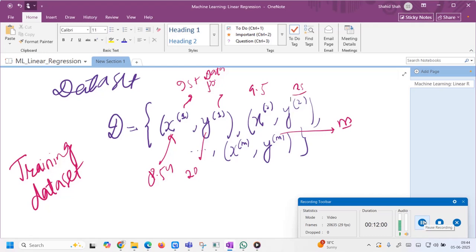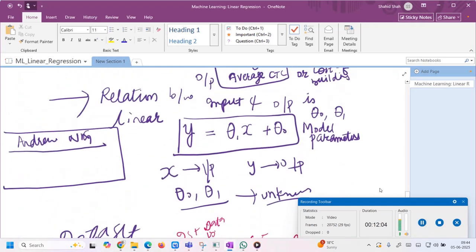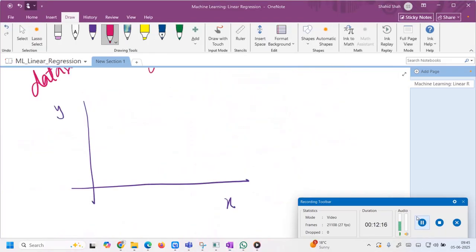Now, how to estimate the value of theta? We are assuming a relationship where input and output are linearly related with each other in this way. These theta 0, theta 1 are the unknown model parameters which we need to estimate given the data set. Since we are dealing with one variable, we can easily plot.